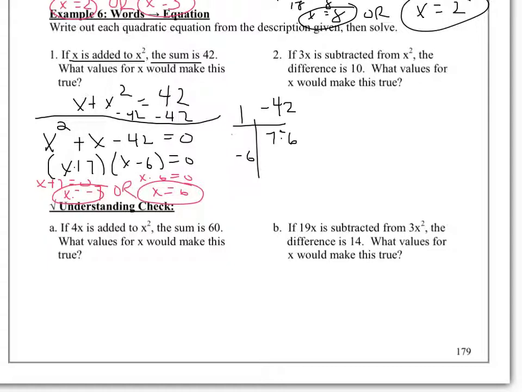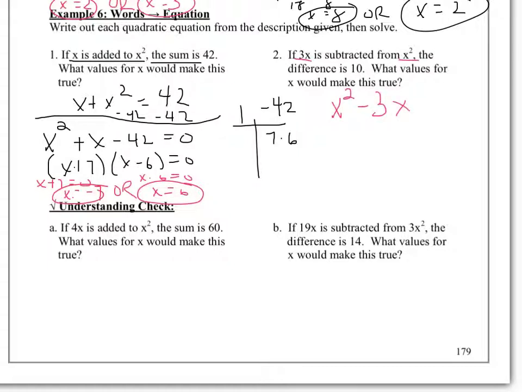Alright, erasing here. Oh, it won't let me erase everything. Okay, so let's try the next one. If 3x is subtracted from x squared, the difference is 10. Okay, so 3x is being taken away from x squared. Okay, so I'm going to write x squared first.